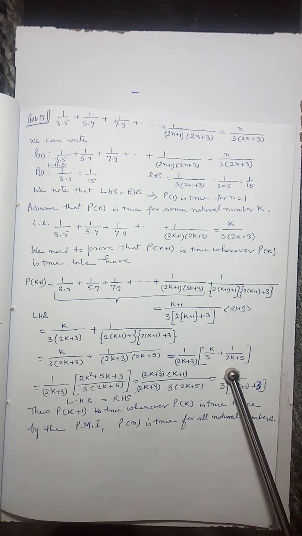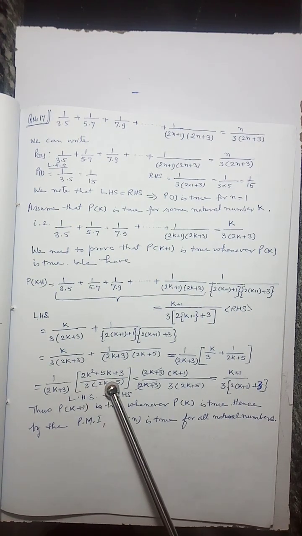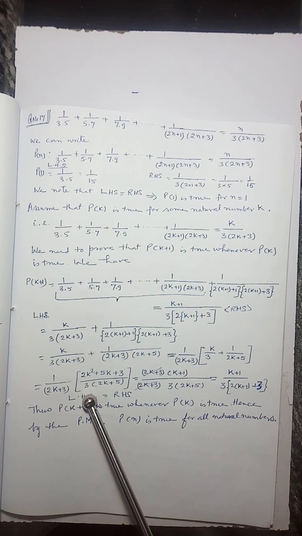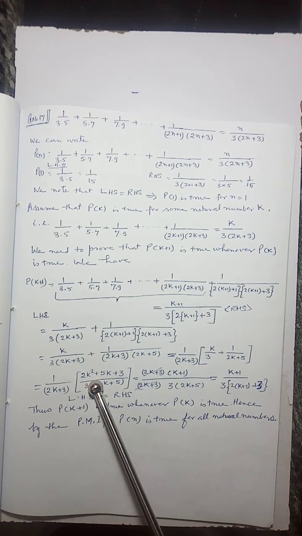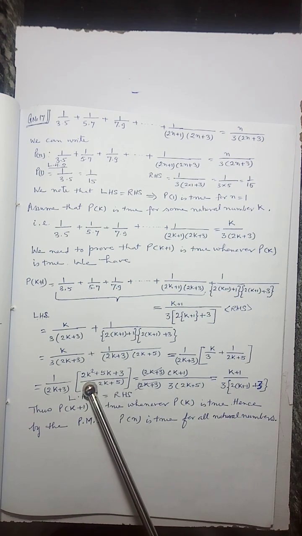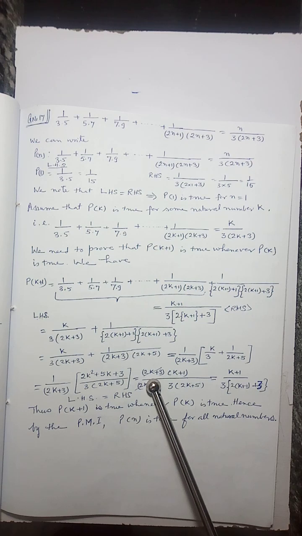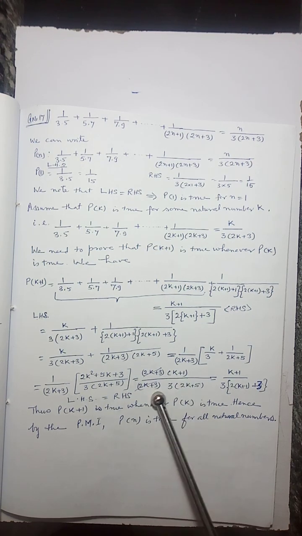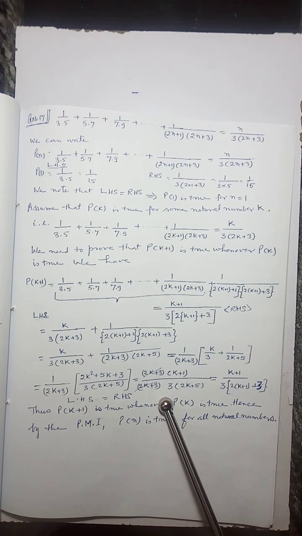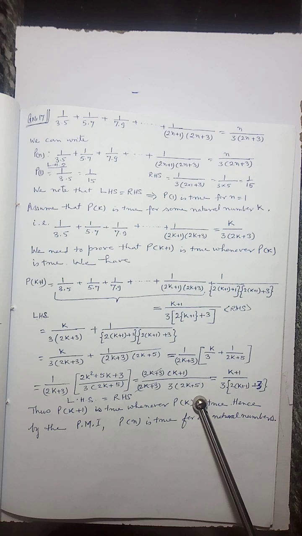Now just solve it, you will get 2k square plus 5k plus 3 whole upon 3 into 2k plus 5. This 2k square plus 5k plus 3 can be factorized like this, that is 2k plus 3 into k plus 1 whole upon 2k plus 3 into 3 inside the bracket 2k plus 5.